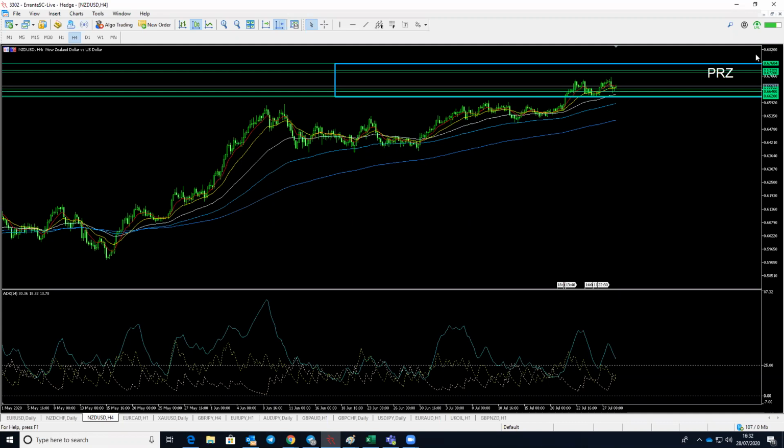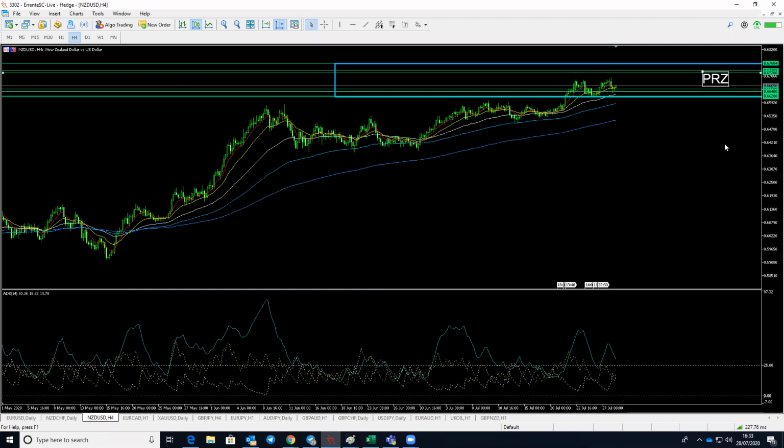So your plan for selling would be a bit safer if we respect all these lines that we have plotted just now, and we only think of trading after the price has gone under this blue box, because this blue box is now your PRZ, your potential reversal zone.